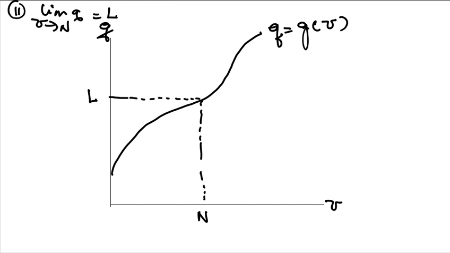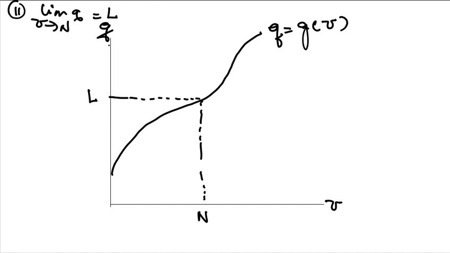So we have L for Q, and N for V. Let's take an arbitrary neighborhood of L. When I say take a neighborhood of L, it is an interval, and that interval must include L.